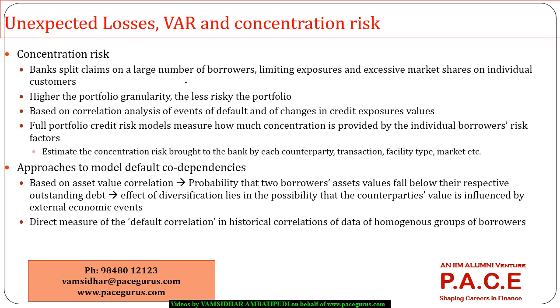So one way to overcome this concentration risk is to first look at a large number of borrowers. Don't focus on one single customer or a very few customers with huge exposures to each one of them. Try to diversify to whatever extent is possible with respect to the number of borrowers.